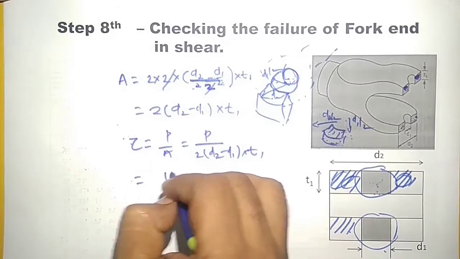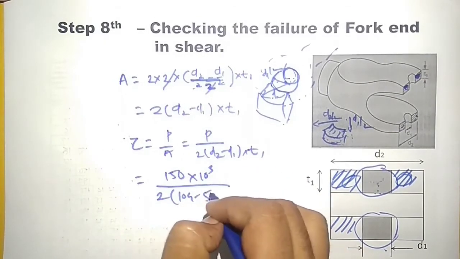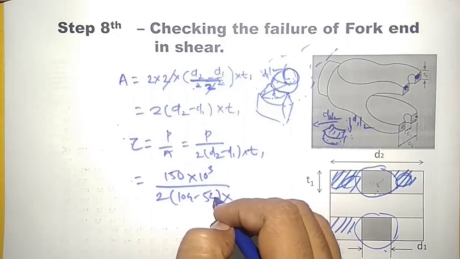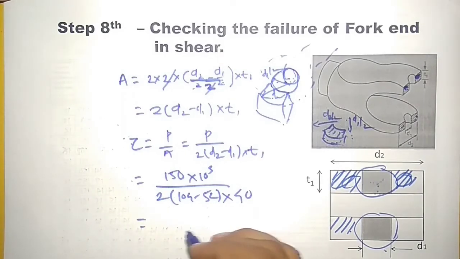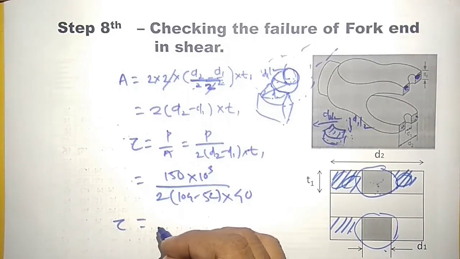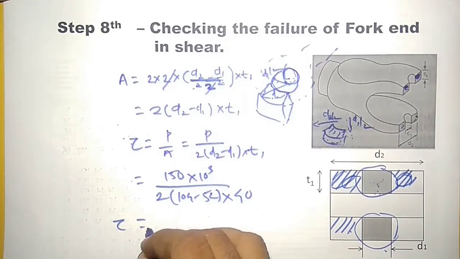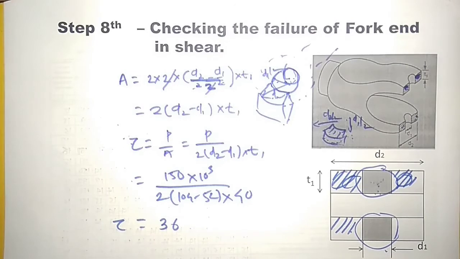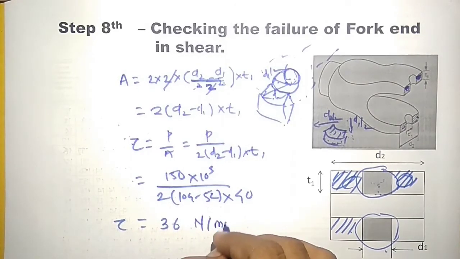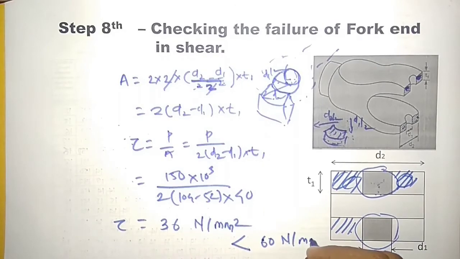Put the values: P is 150 into 10 raised to power 3, over 2 into 104 minus 52 into t1, which is 40. The induced shear stress in the fork end is 36 Newton per mm square, which is less than 60 Newton per mm square.